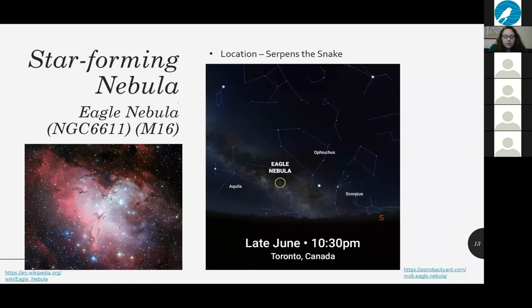Galen, do you know of any? So your slide says that they're late June at 10:30 in the evening. You can certainly see the Eagle Nebula. Right now, actually, the Milky Way is very low, close to the horizon, and so there's not a lot of nebulae available. There are a lot of star clusters, globular clusters and so forth, that you can look up in the sky right now.